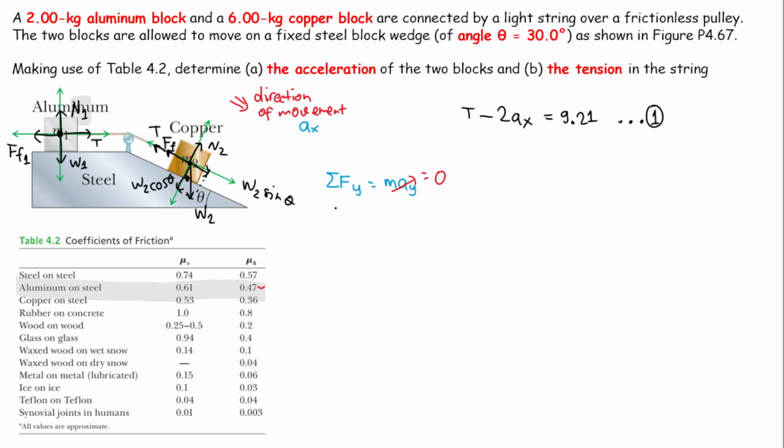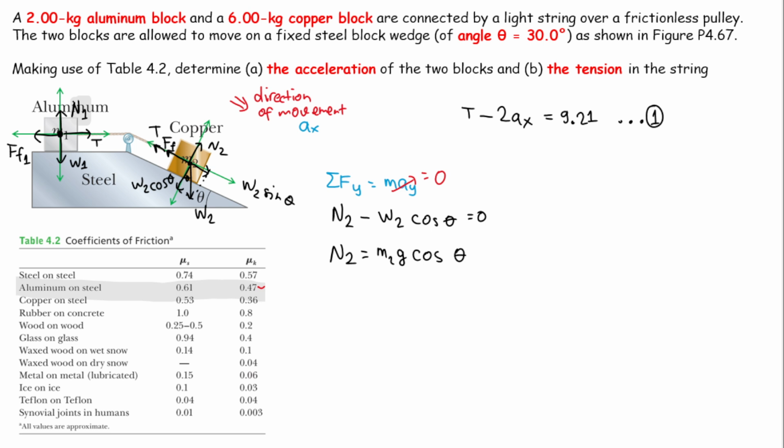Good. And then what can we do from here? I will have N2 here as the positive force, and then minus W2 cosine of theta as the negative force. You see in the axis here, and that is equal to 0. Okay, so we'll have the normal force number 2 of this copper. So I will have W2, which is M2 times G, and then cosine of theta.